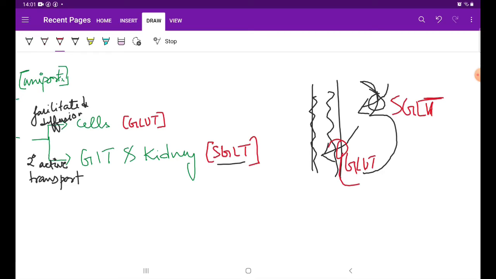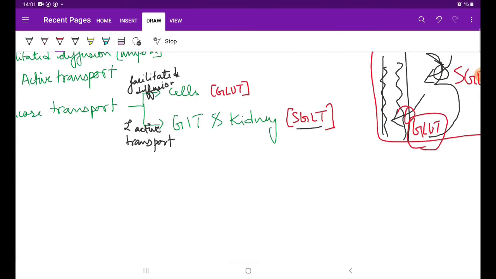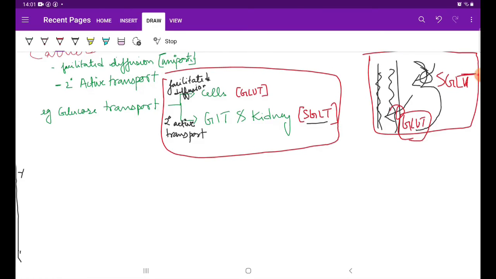This is just for explaining, it's not that important, just keep it in mind.